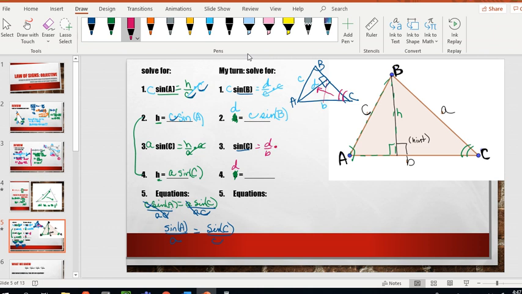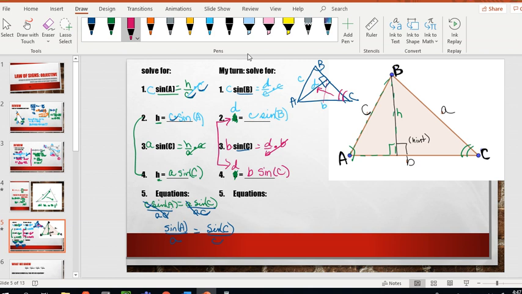So I multiply by B, the B's cancel, so D is equal to B sine of C. This is a capital C, an angle. Whenever you do sine, cosine, or tangent, it's of the degree of an angle, not a side. Be careful.